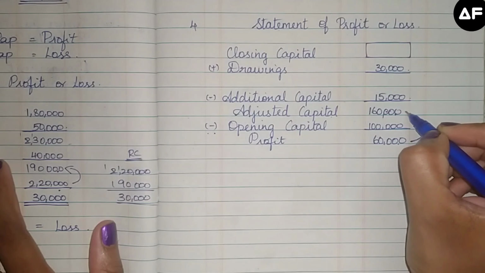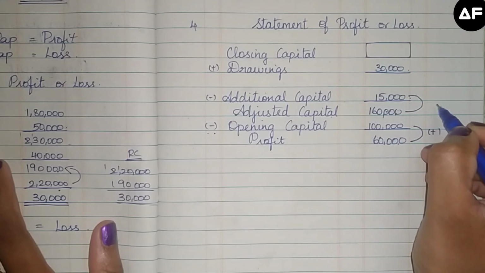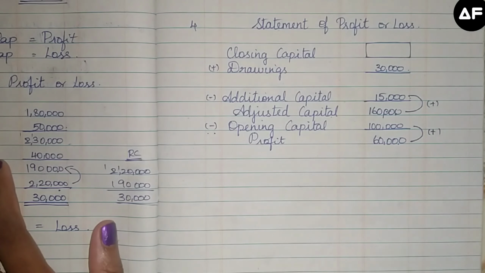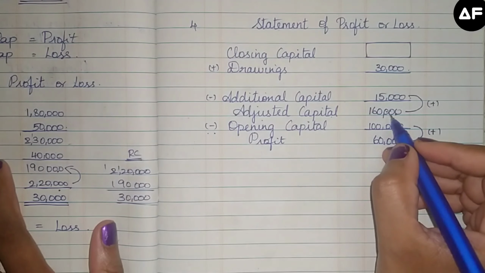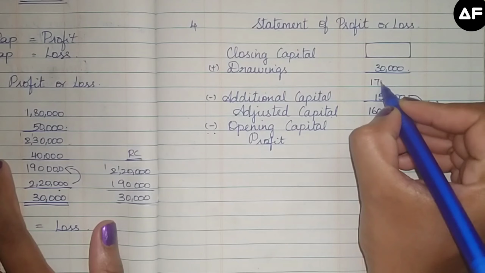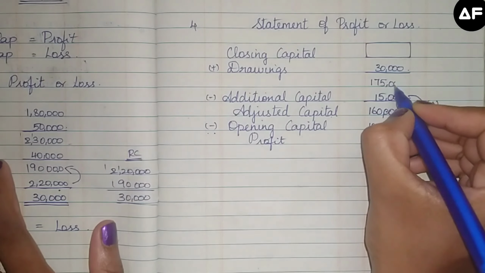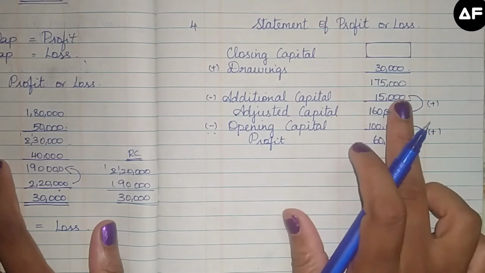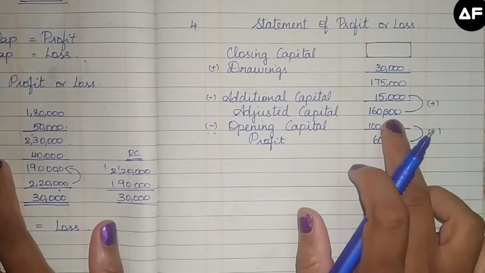Next one is these two. So if there's a minus here, you're going to place it here. So 1 lakh 60,000 plus 15,000 is 1 lakh 75,000. If you want, you can check it. So 1 lakh 75,000 minus additional capital of 15,000 will give me 1 lakh 60,000.